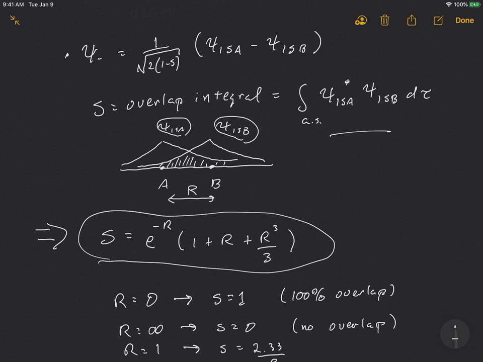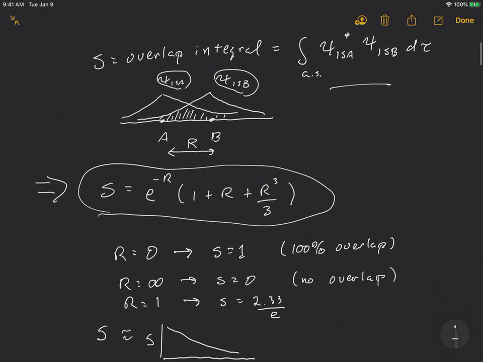I should also point out that R here is in atomic units. When I look at a complicated function like this, I like to look at some simple or limiting cases to get an idea of how to sketch it as a function of R, the internuclear distance.